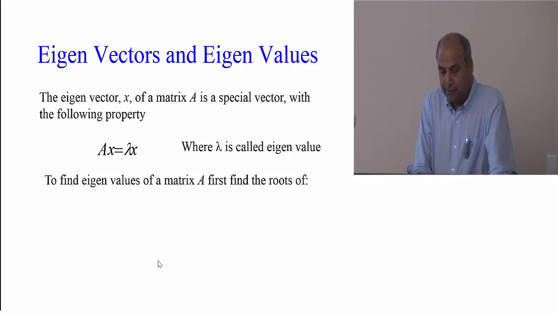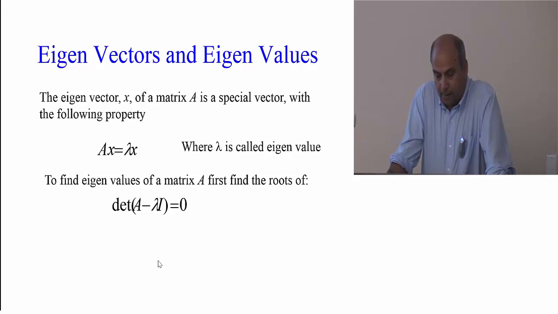So how do we find the eigenvectors and eigenvalues of a matrix A? You're given a matrix A, you want to find its eigenvalues. What you do is take matrix A, subtract the identity multiplied by lambda, find the determinant of that, set it equal to 0, and solve that, finding the roots of that equation.